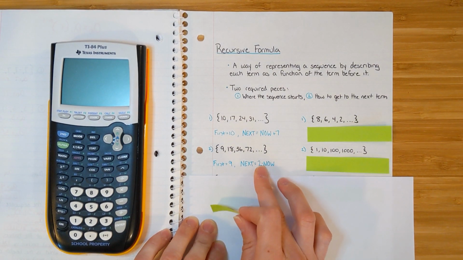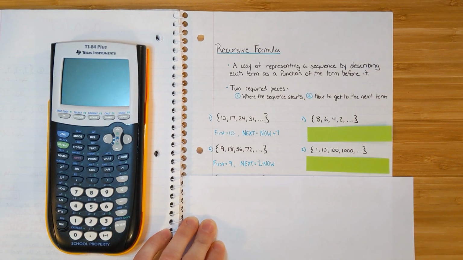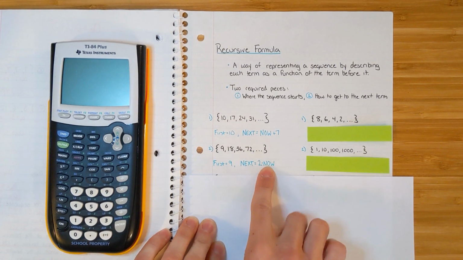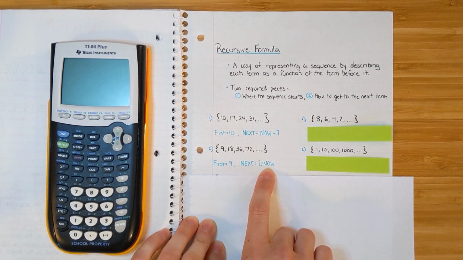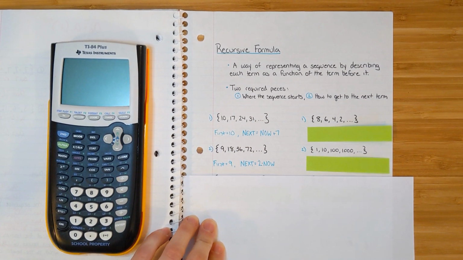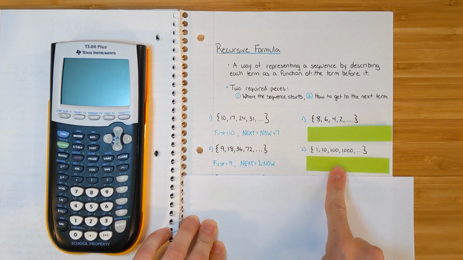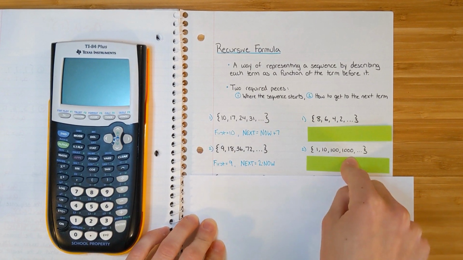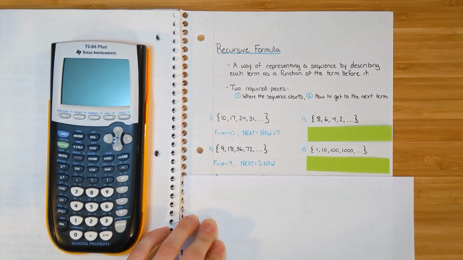Sometimes you'll write that now in parentheses to show multiplication. I put a little dot there, and then sometimes nothing shows up. Remember, a number next to a variable, which this word now is just a variable, means multiplication. Again, this one on the right-hand side is also geometric, so maybe take a second and see if you can write the recursive formula for this sequence.